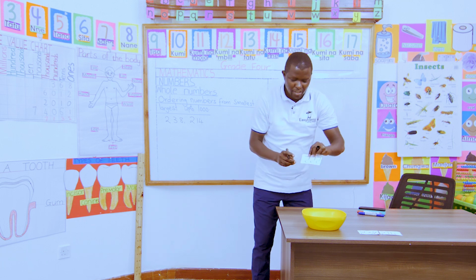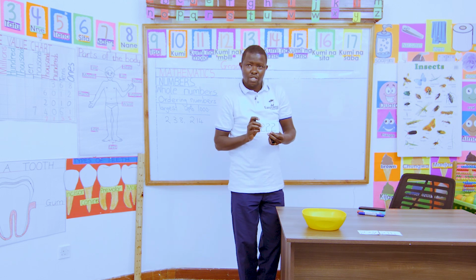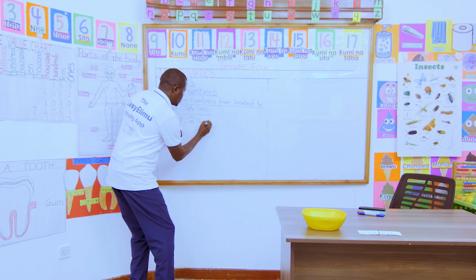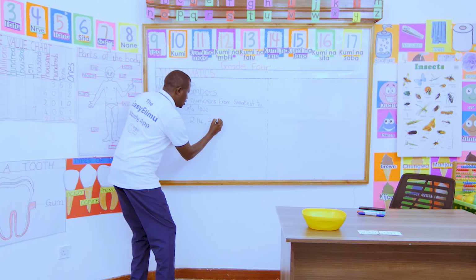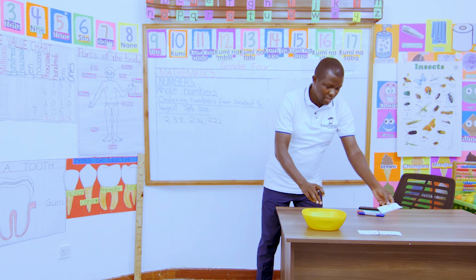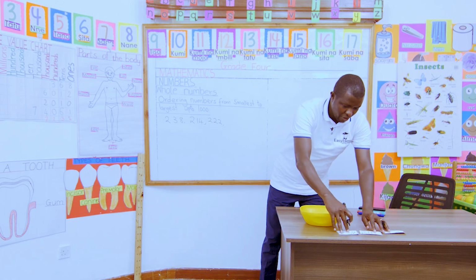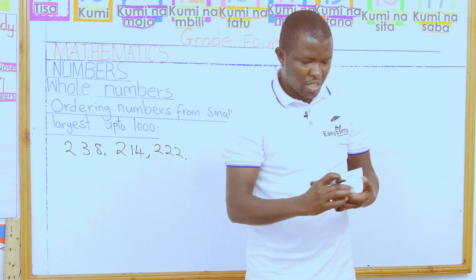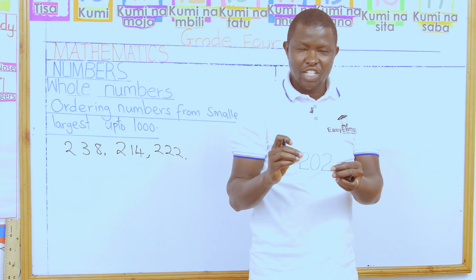Pick another number. It is 222. We've said we pick just 5 numbers. These are 3. Another number we pick is 202.